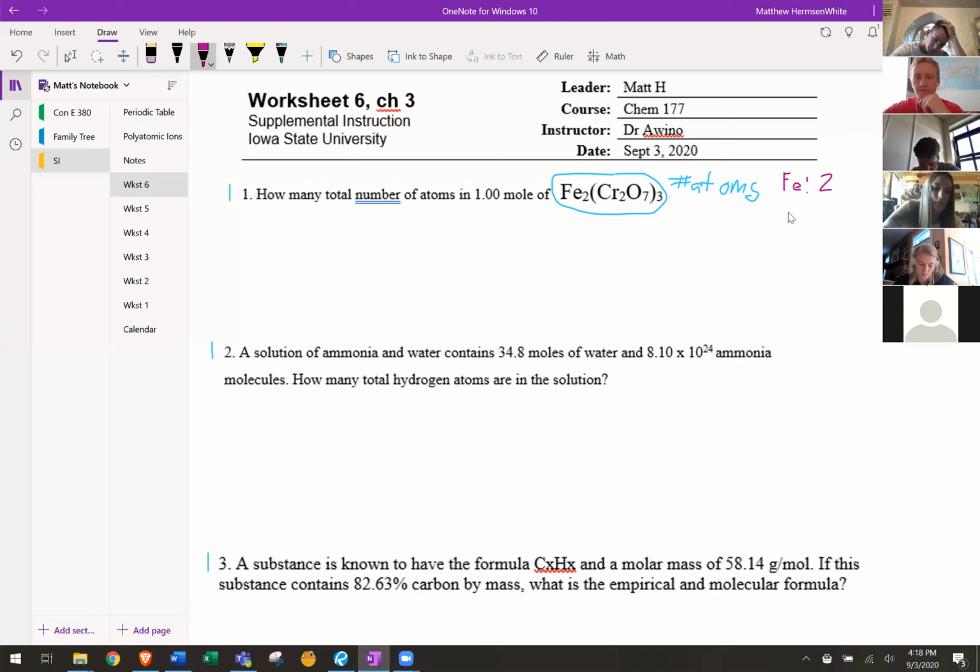For the chromium, there are 2 chromiums here, but this 3 on the outside means there are 3 of everything in here. So we do 2 times 3, and that gives us 6. For oxygen, we have 7 inside the parentheses, and this 3 applies to the oxygen too. So 7 times 3 is 21.